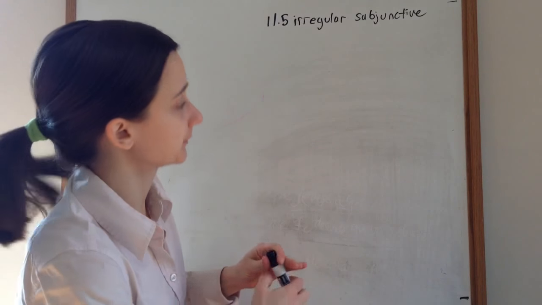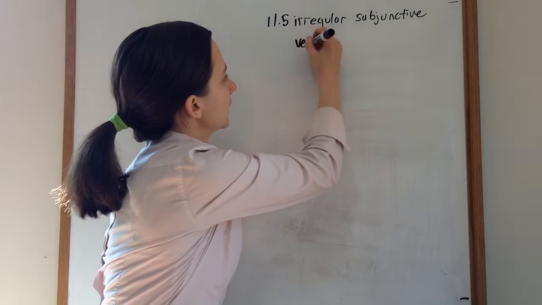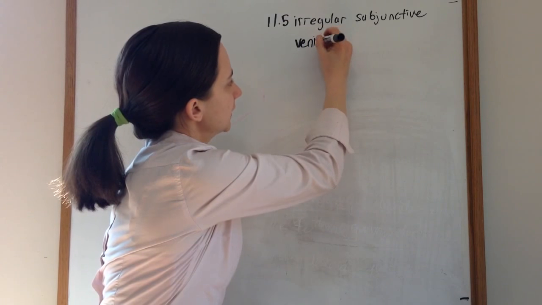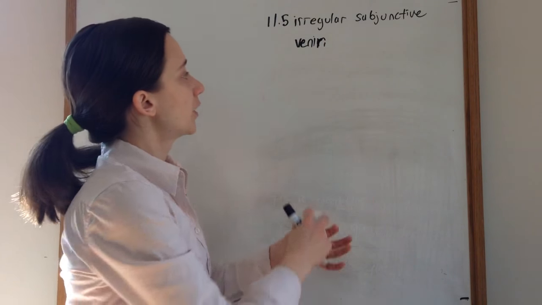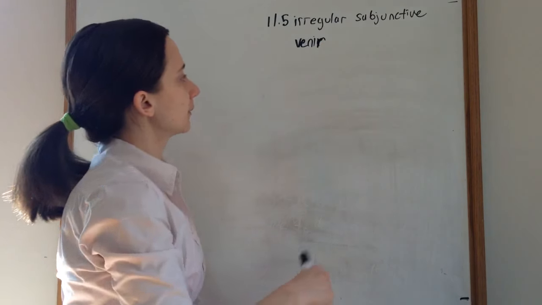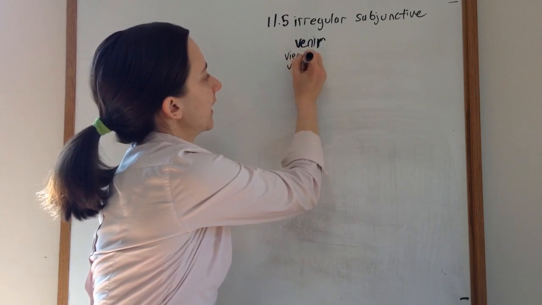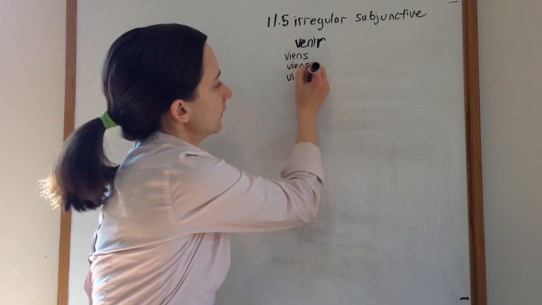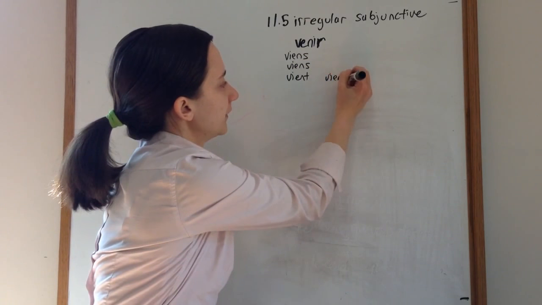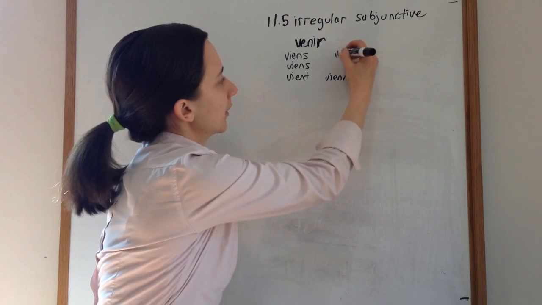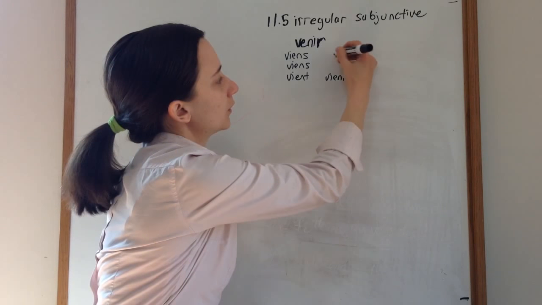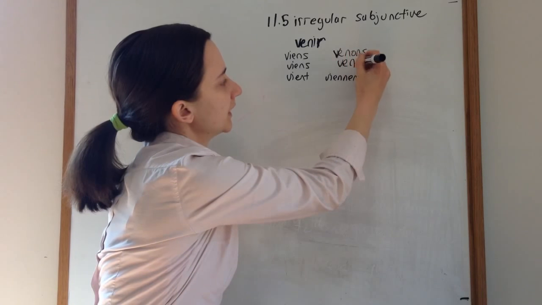For instance, we have venir. So venir, if you'll remember, in the present indicative: vient, vient, vient, viennent. And remember, this is venons, venez.